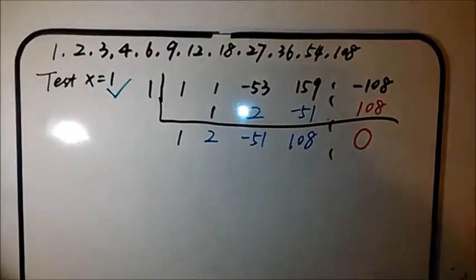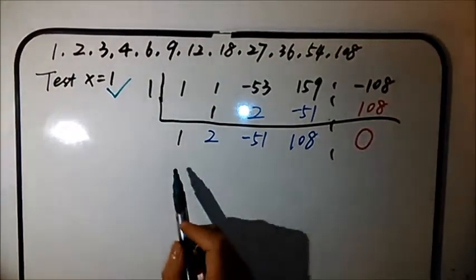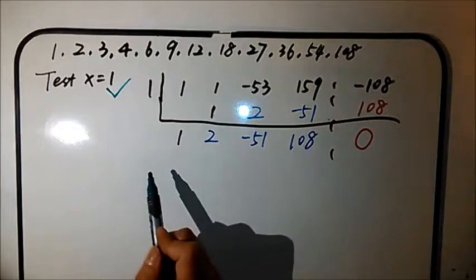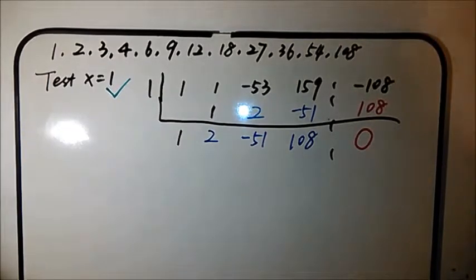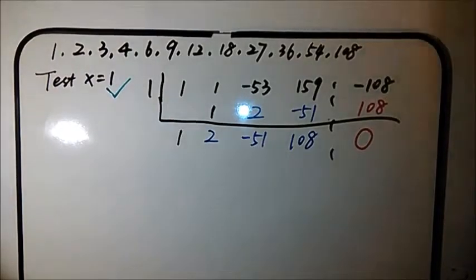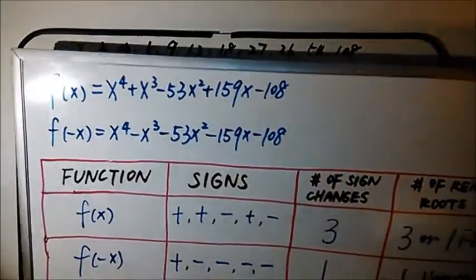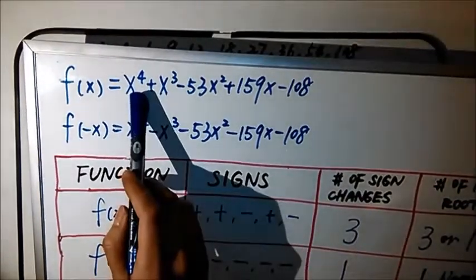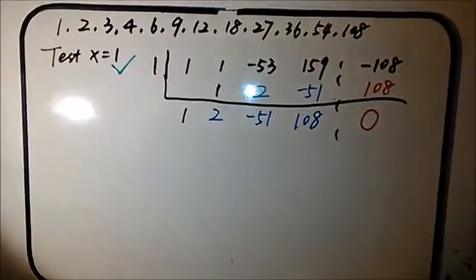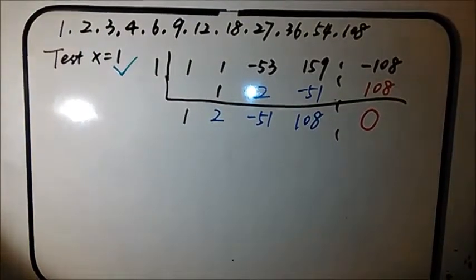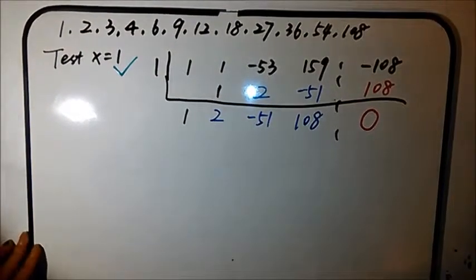So we're going to turn our answer, our quotient q of x, into a polynomial. In order to do that, we have to look at the power of the original function, and the power was 4. So when we break down our quotient using this shortcut, it won't be 4, but it will be 3.